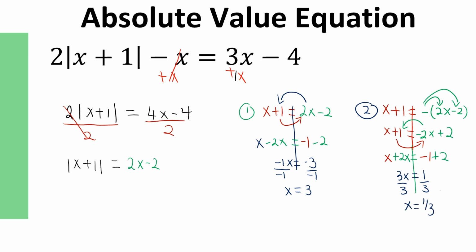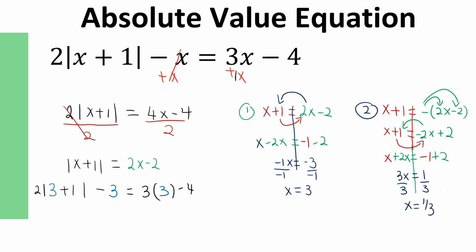Now we need to check to make sure both solutions work. So the first thing we're going to check is x equals 3. We want to know if 2 times the absolute value of x, which is 3, plus 1, minus x, which is 3 again, does that equal 3 times x, which is 3, and then minus 4.